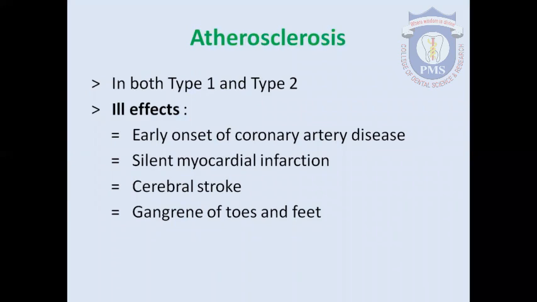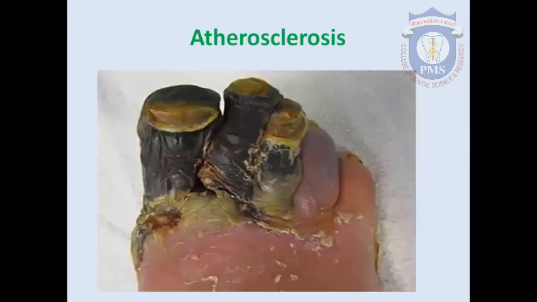Atherosclerosis occurs in both type 1 and type 2. Ill effects of atherosclerosis include early onset of coronary artery disease, silent myocardial infarction, cerebral stroke, gangrene of toes and feet. You see the gangrene, dry gangrene of the toes.